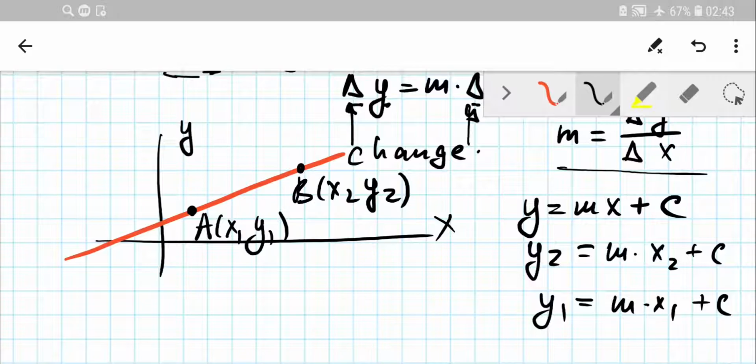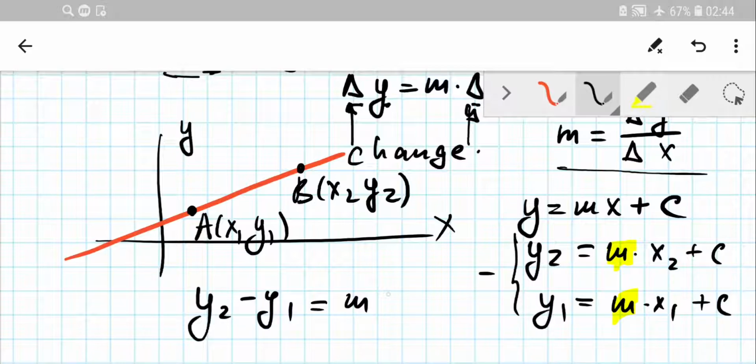All right, so in order to find m, we just need to solve the simultaneous equations using elimination methods. So we're subtracting, and we will have y2 minus y1 of the points. On the right side, we will have m as a common factor times x2 minus x1.